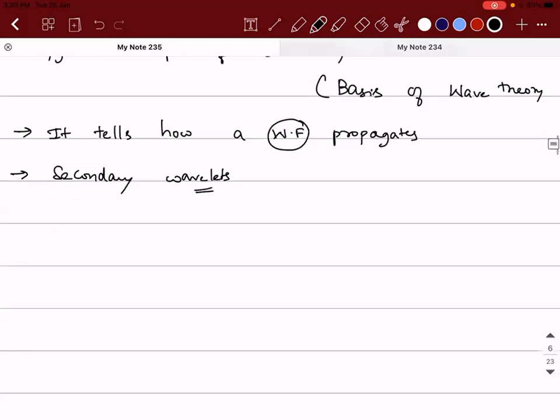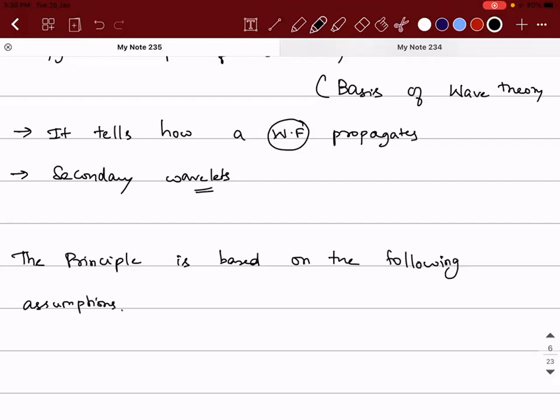Okay. So I will write down the statement, please copy it. The principle is based on the following assumptions. So this Huygens principle is based on the following assumptions.